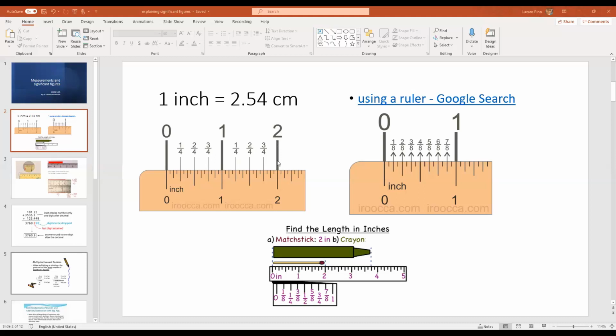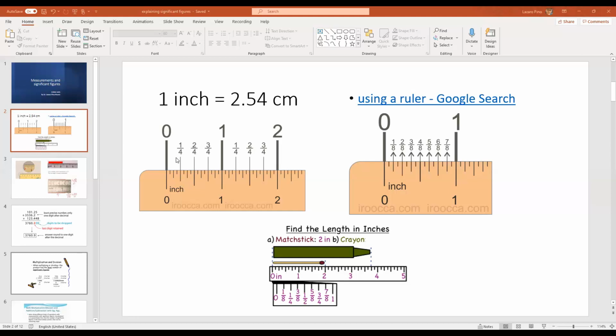Okay, but what happened between the 0 and the 1, you have in the middle 0.5 inches or half an inch. That is equal to 2/4.